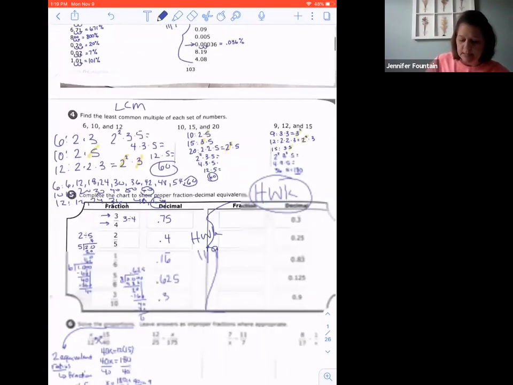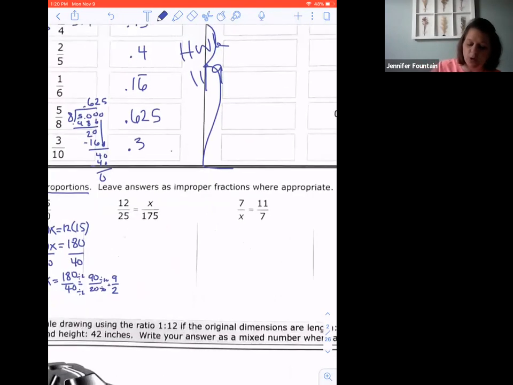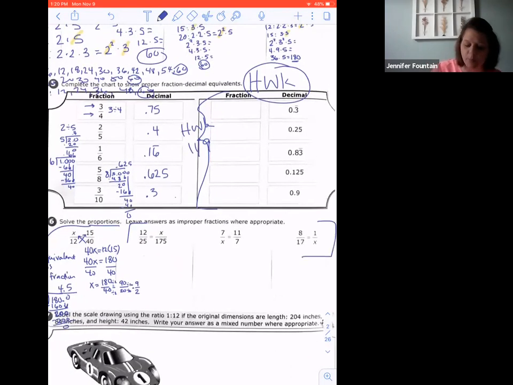All righty. So we have reviewed least common multiple. We've reviewed fractions to decimals. And now what I'm going to have you do is, for homework, you will do these last 3 proportion problems. So homework 11, 9. And I'll go ahead and highlight them so y'all can see.